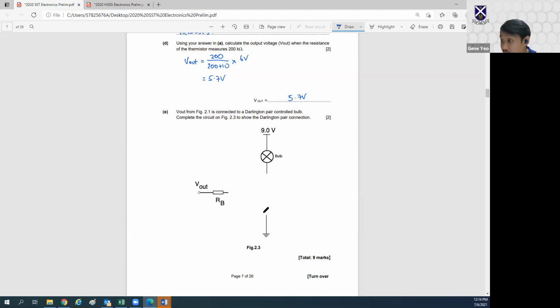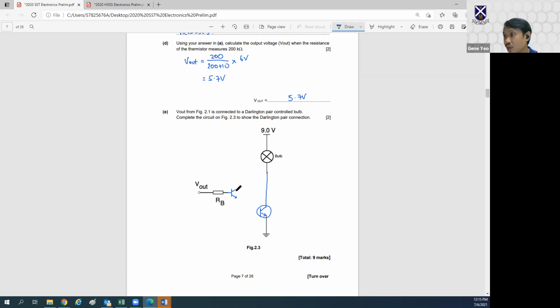Okay, so I draw, don't forget the arrow, over here. And I'm going to draw a line down over here. Okay, so I'm going to circle this fella. And I'm going to draw my first BJT here.